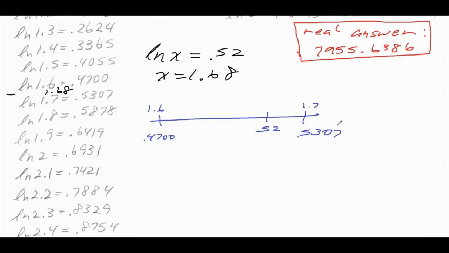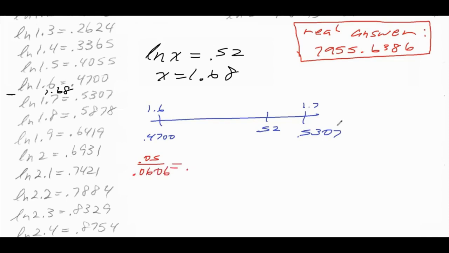Well, you could just use proportions, take this distance divided by this distance, and that would give you the percentage of how far from here to here we are. And so when I did that, that gave me a distance of 0.05 over a distance of 0.0606.